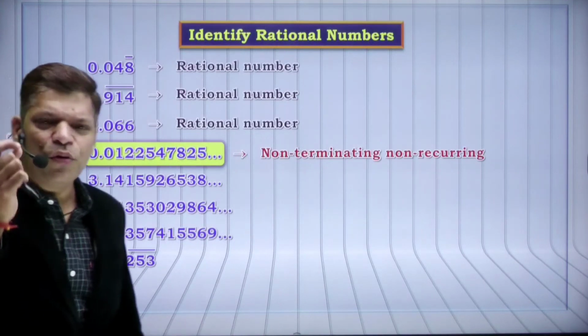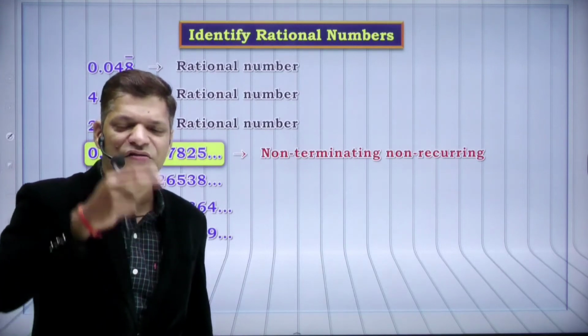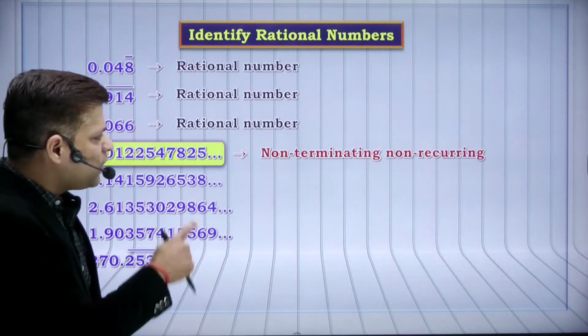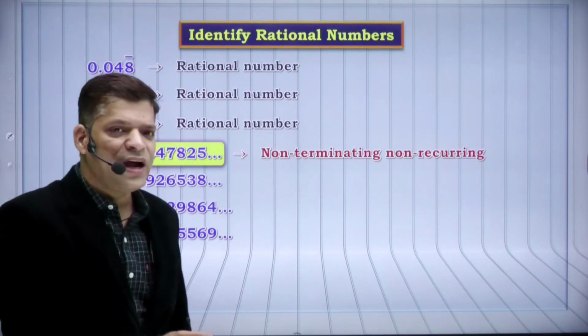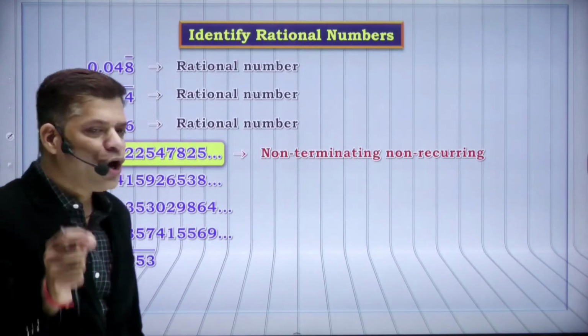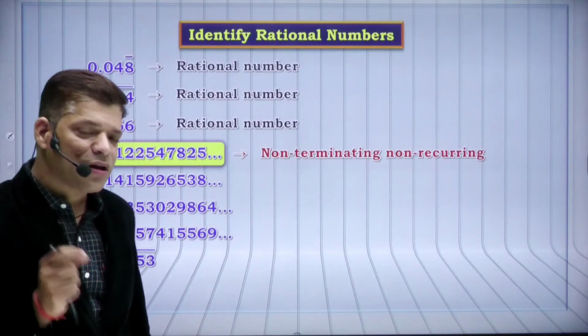Okay, there is no particular sequence of numbers which we can show that's going to repeat. Okay, so this is not repeating and non-terminating, so that's why we are saying that this is called non-terminating, non-recurring. Okay, so non-recurring means non-repeating.